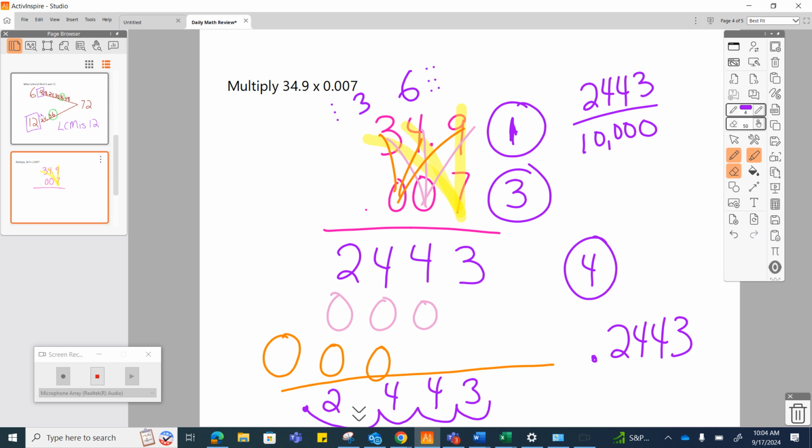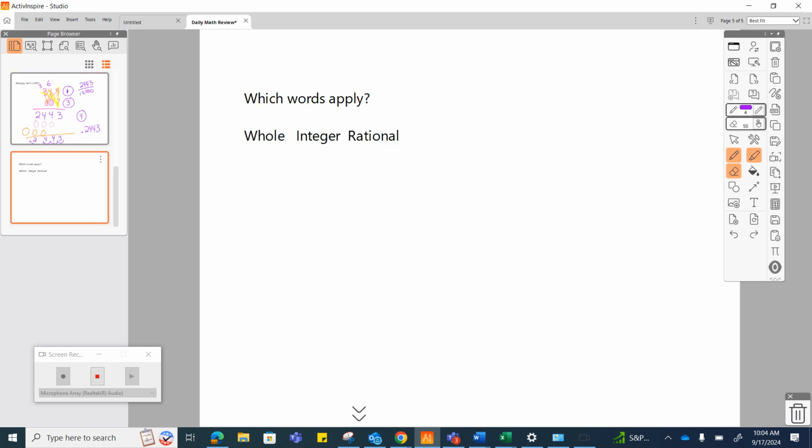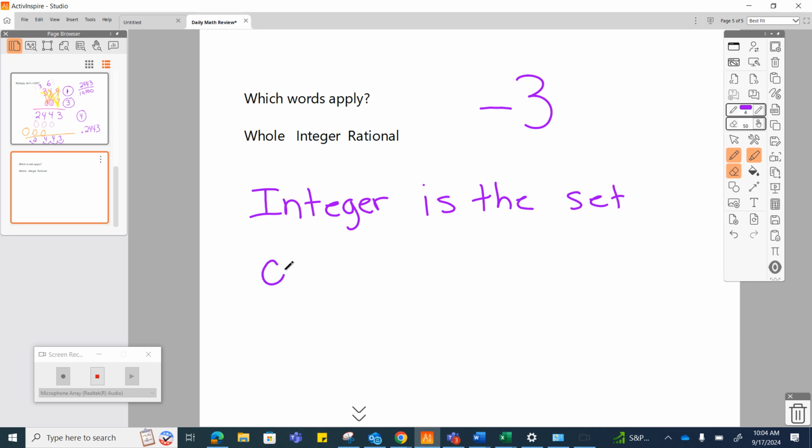Okay. And the last one, which words apply? And the answer was -3. So what is an integer? Let's remember this. I think this is really important to know. An integer is the set of whole numbers and their opposites.